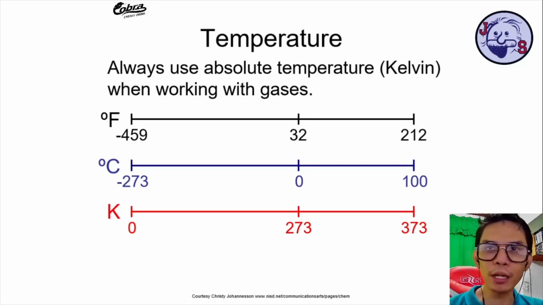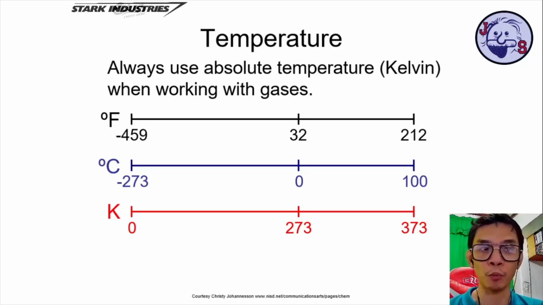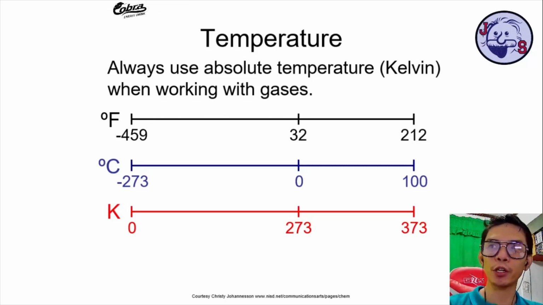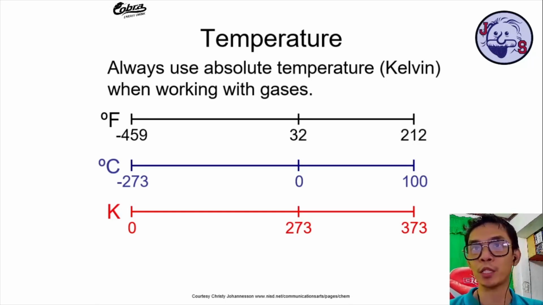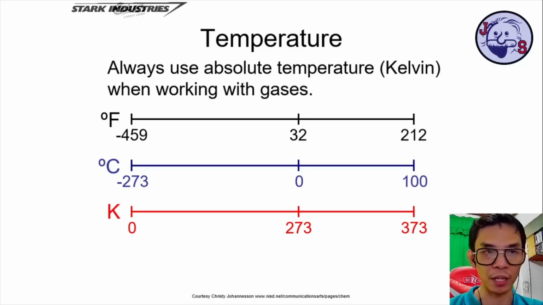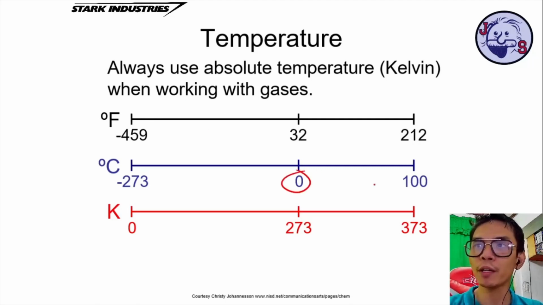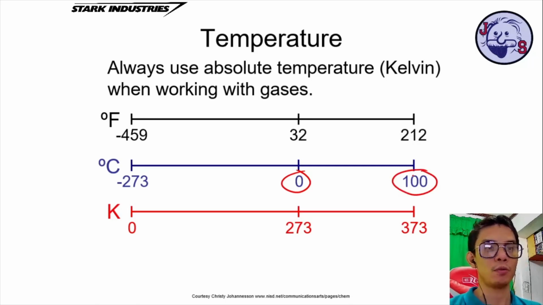Meanwhile, 0 degrees Celsius is the freezing point of water, which is 273 Kelvin and 32 degrees Fahrenheit. The boiling point of water, which is 100 degrees Celsius, is equivalent to 212 degrees Fahrenheit and 373 Kelvin. This is the freezing point of water, and this is the boiling point of water.